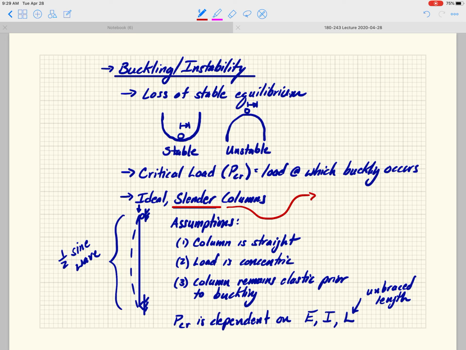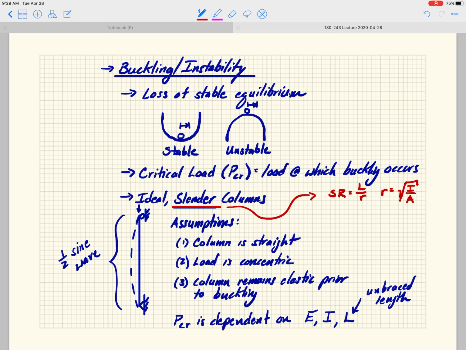Something called a slenderness ratio is equal to L over r, L being the length, r being something known as the radius of gyration, which is the square root of I divided by A. That is the moment of inertia of the cross-section divided by the area of the cross-section.